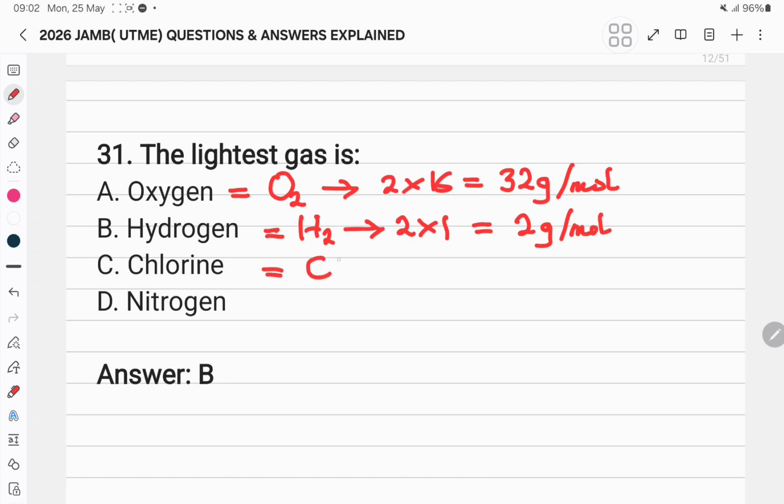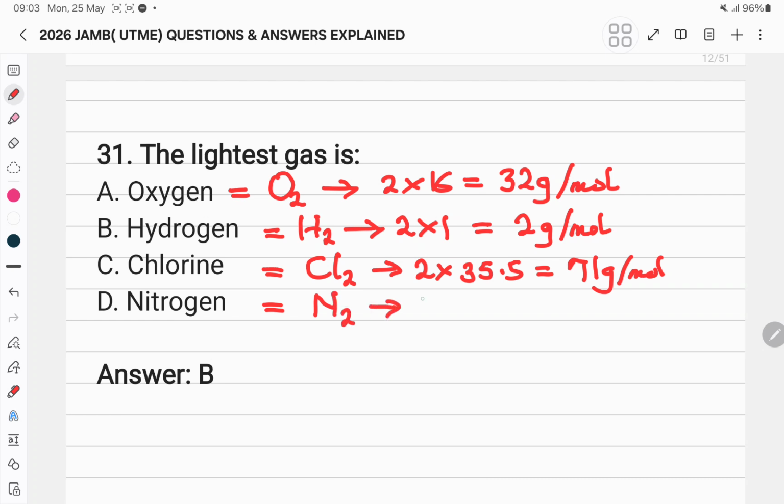Chlorine is represented by the formula Cl2. When you calculate the molecular mass, it gives us 2 times 35.5. The relative atomic mass of a chlorine atom is 35.5, and this gives us 71 grams per mole. Nitrogen is N2.